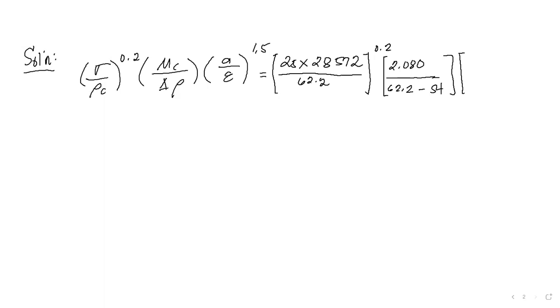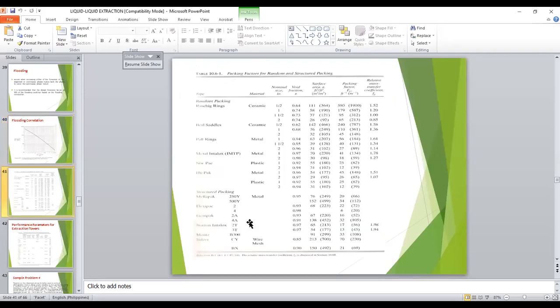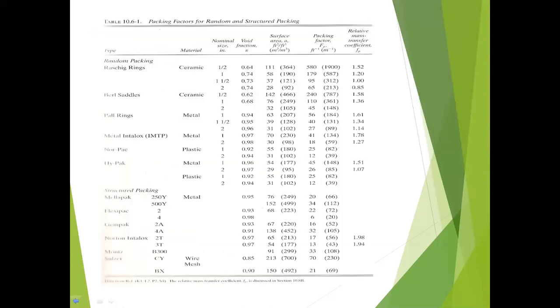So let's go back to our slide and let me show to you where you get the A and the epsilon. It has to be taken from a table having the packing materials to be used. Since we're using 1-inch pall rings, this is your nominal size of 1 inch. The void fraction is 0.94, and the surface area per cubic foot of packing material is 63.